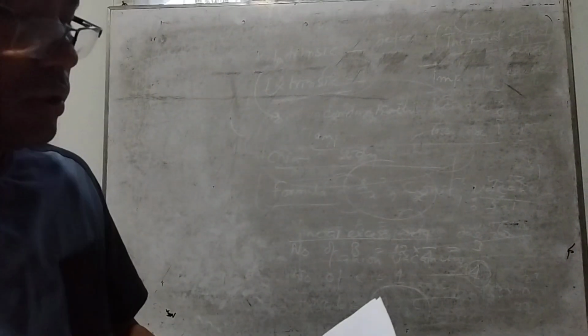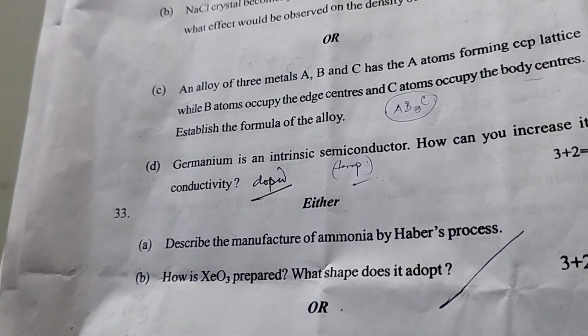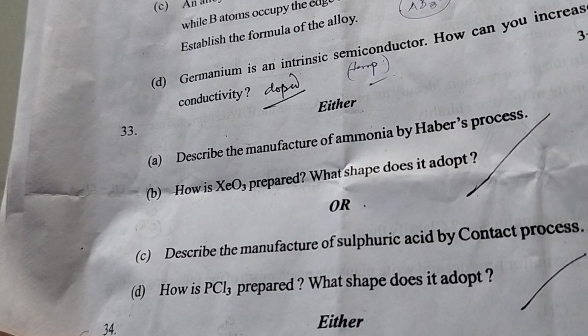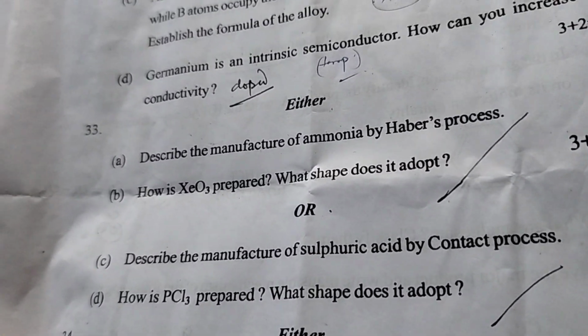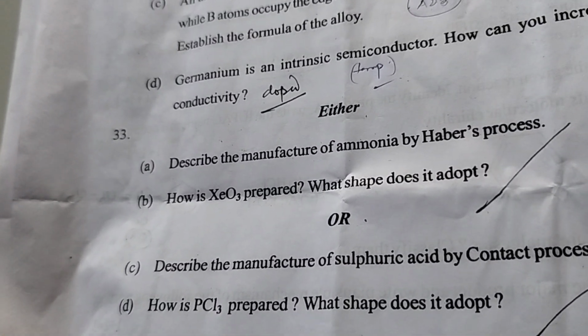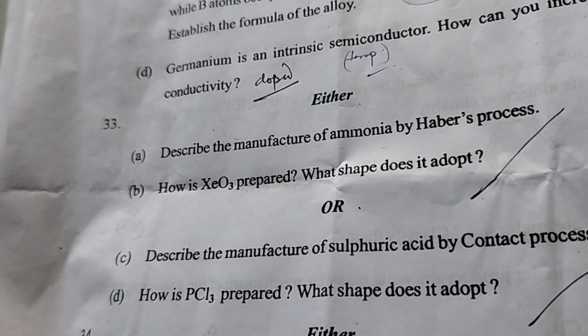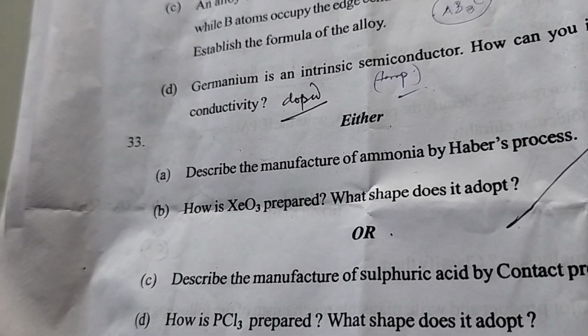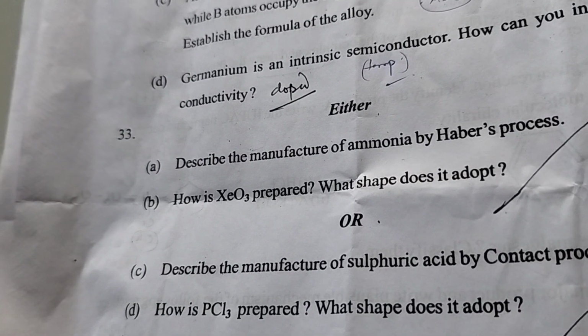Then in your inorganic chemistry portion, it's a very easy question for you. Number 1 is the manufacture of ammonia by Haber process, very common, and preparation of xenon trioxide, also very common.